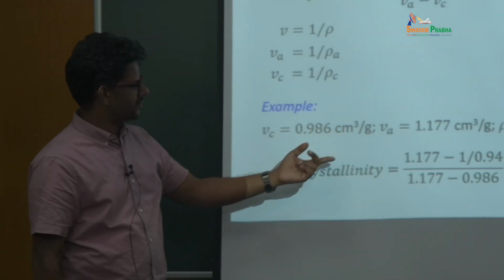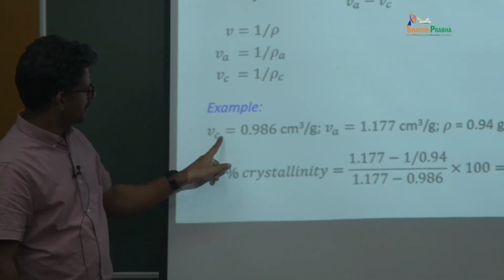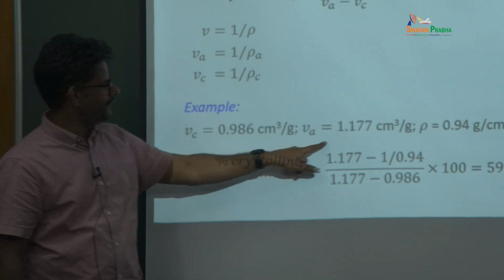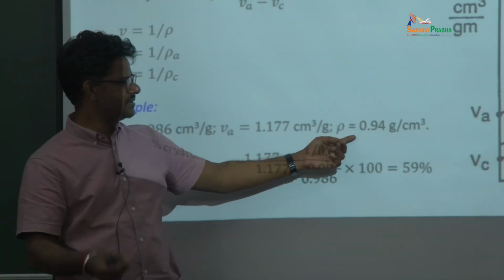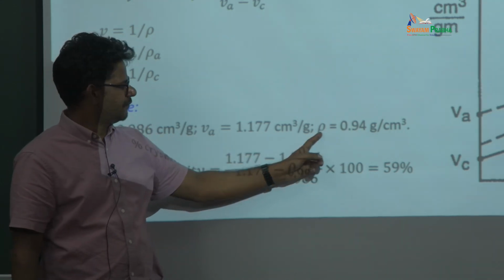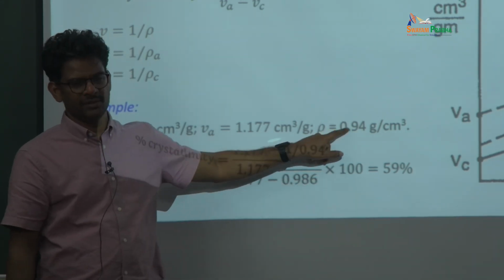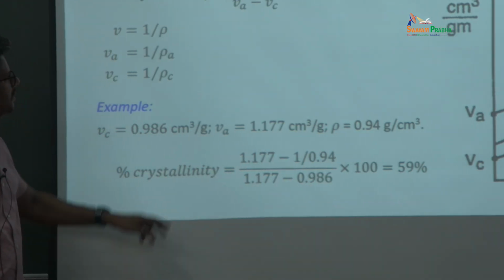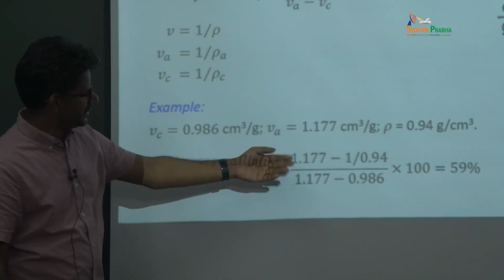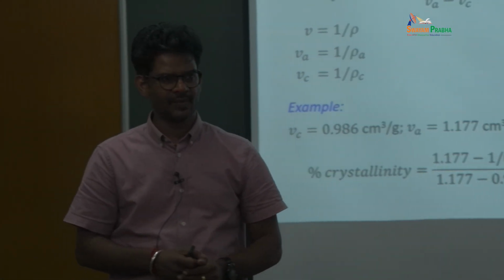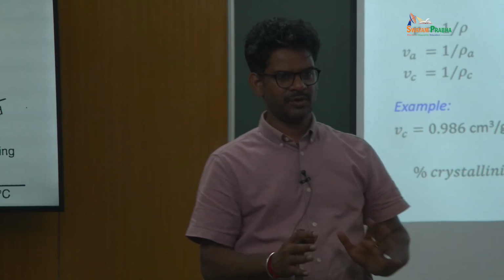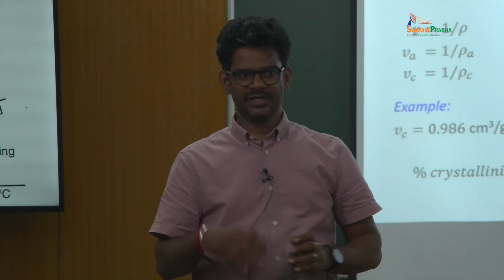Let's say for some polymer, let's say polyethylene, Vc is given, Va is obtained from this kind of plot, and then you have a sample whose density is given. Okay, so from this density you can get the specific volume by taking the inverse, and then by substituting here, in this example it becomes something like 59% or 60%. Okay, so this polymer has about 59% crystal, and the remaining would be amorphous.